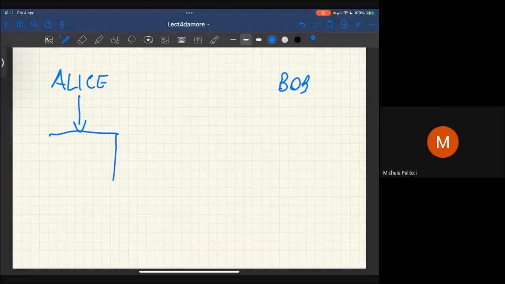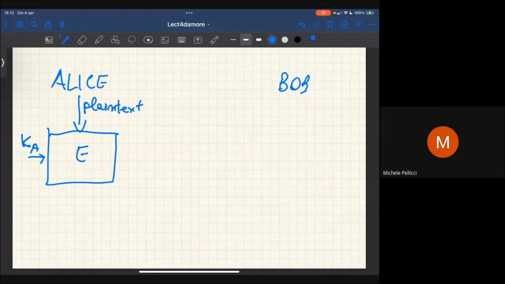Alice is doing an encryption of the message. This is the plain text. Also, Alice is using a key.